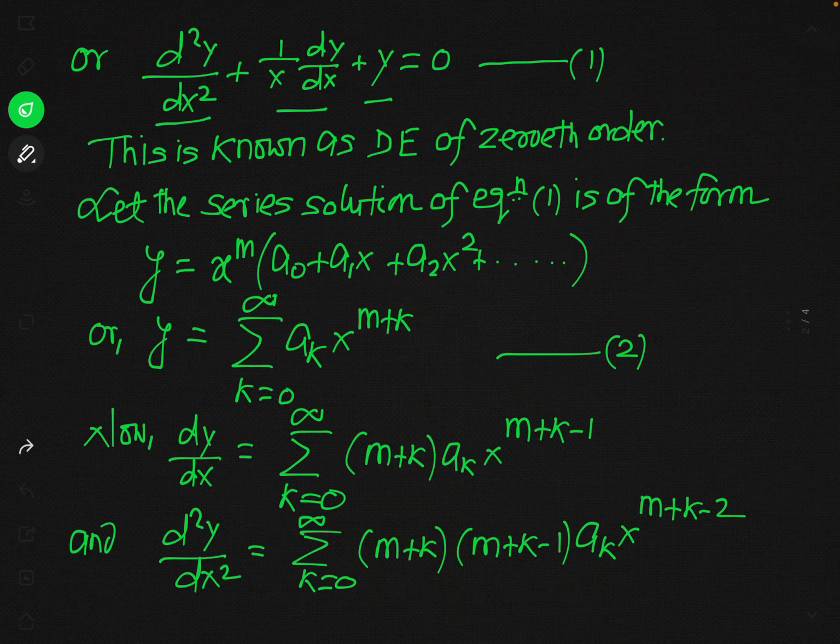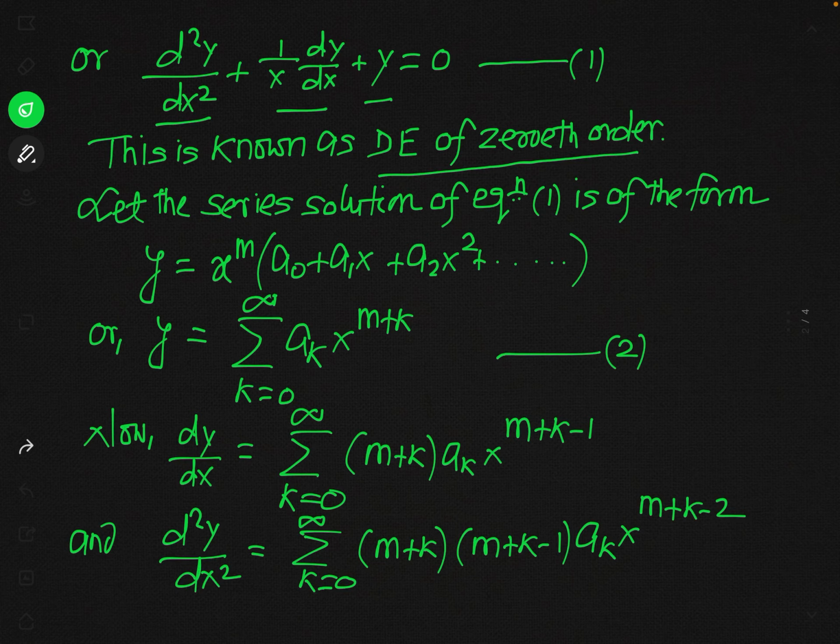Since n has been taken 0, this differential equation is known as the differential equation of 0th order, or you can say this is Bessel equation of 0th order. Now our aim is to find the series solution of this Bessel equation of 0th order.